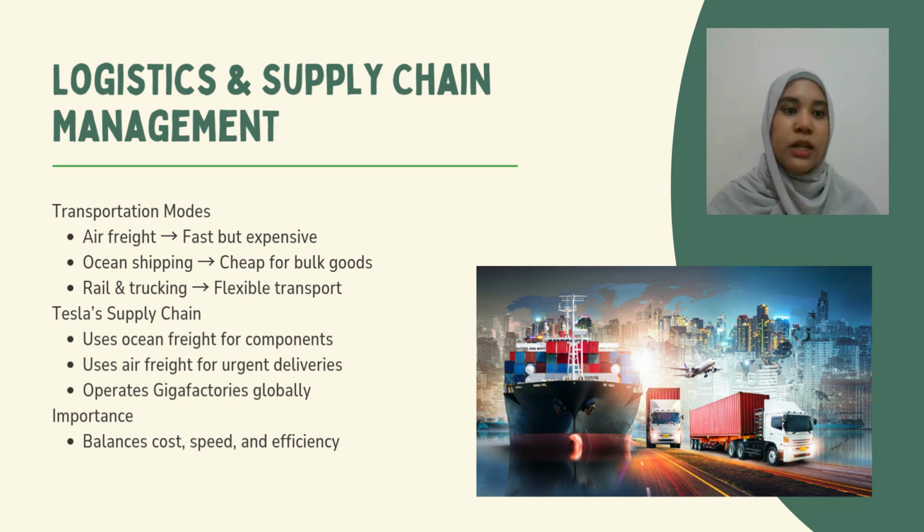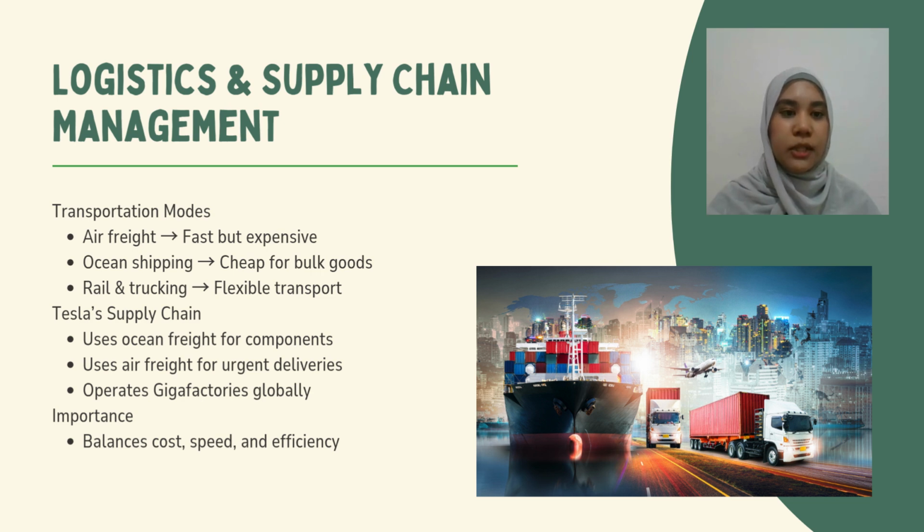And the last one is rail and trucking, which are landed transportation methods, and they are flexible as long as there is a road for the transportation to arrive at the expected destination.